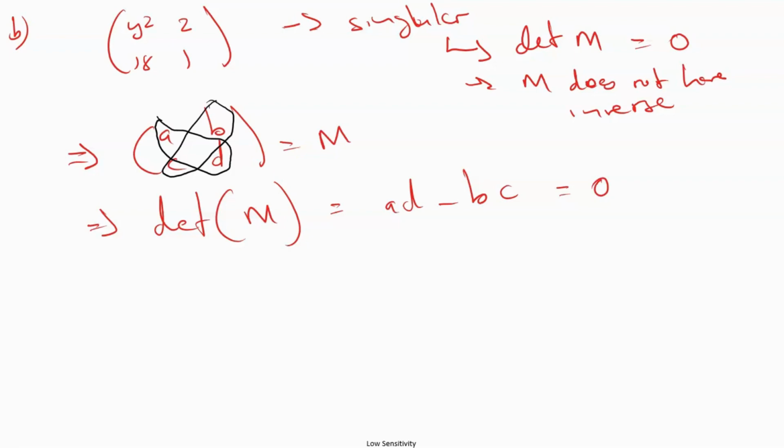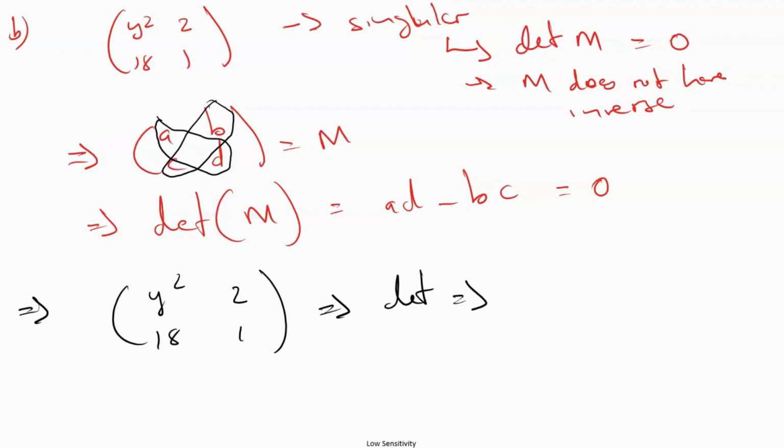All right, so let's now go back to our matrix y squared, 2, 18, and 1. What we can do here is get the determinant, which is AD minus BC. So it's going to be y squared multiplied by 1 minus 2 multiplied by 18.